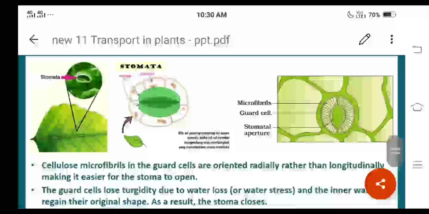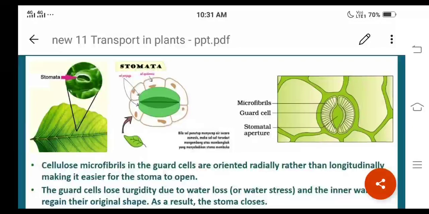And one more thing is the cellulose microfibrils which are present in the guard cells. The cellulose microfibrils in the guard cells are oriented radially rather than longitudinally, making it easier for the stoma to open. This is one more aspect. If the arrangement of the cellulose microfibrils is radial, then it shows the stoma is open.